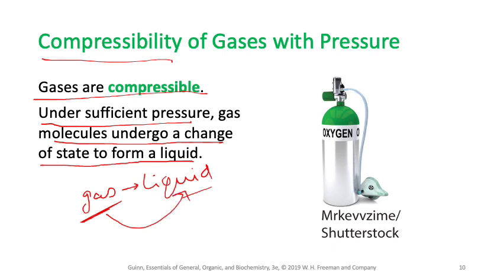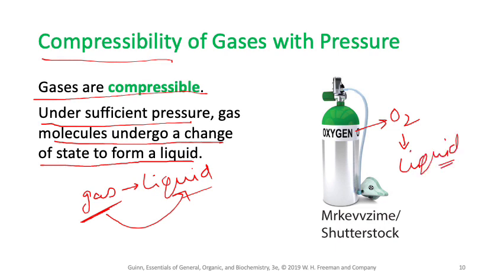For example, you may have already seen an oxygen cylinder with a person that has a lung problem, for whom breathing is difficult. They usually hold this kind of oxygen cylinder, and in this cylinder the oxygen is present in liquid form.